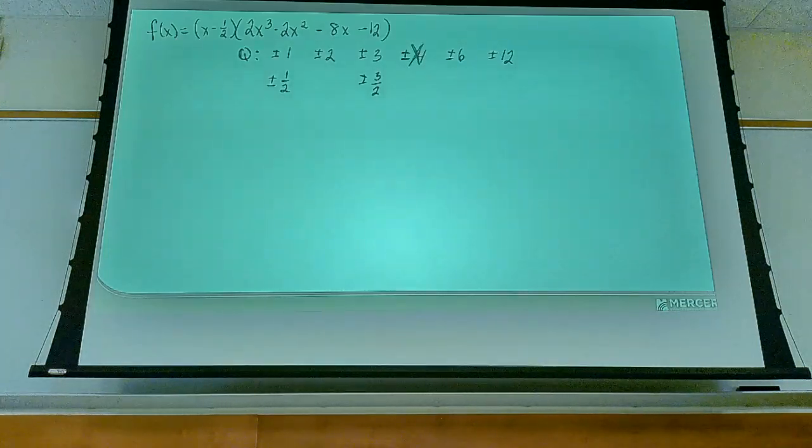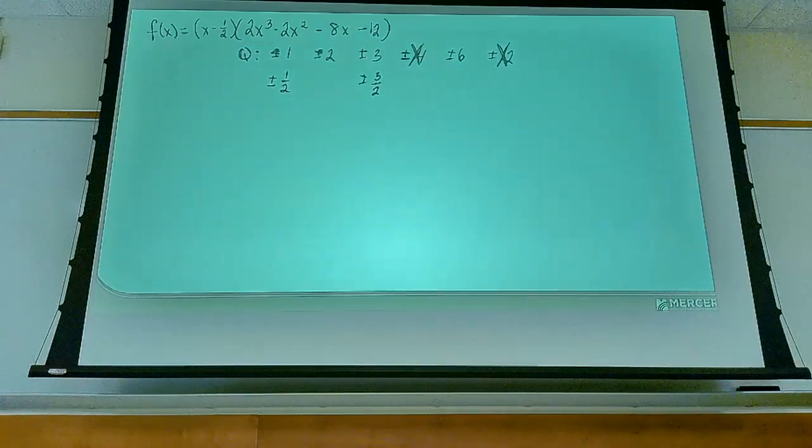So we can cross those off. I thought we checked the negatives of them. No. Oh, you're right, I did. So I can cross those off as well. So it's either 3, 6, another 1/2, or negative 1.